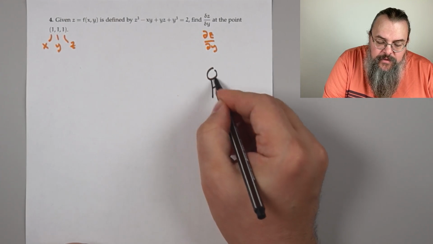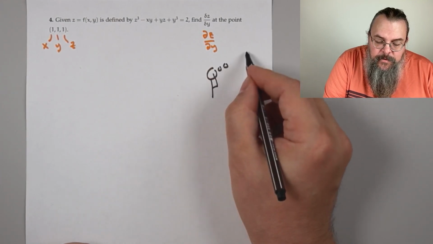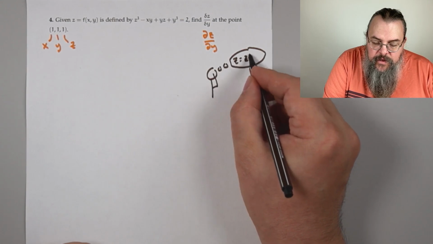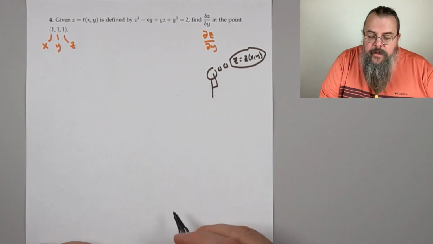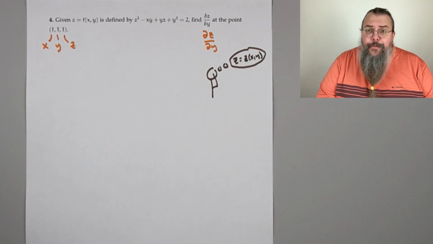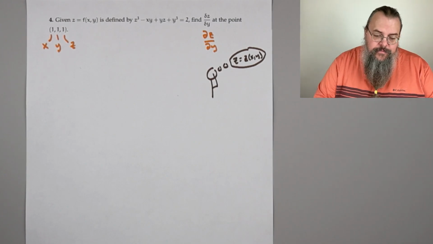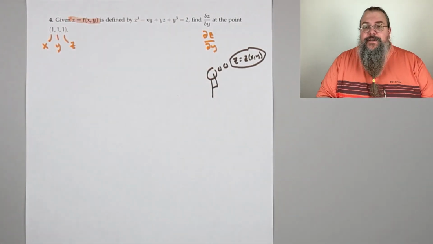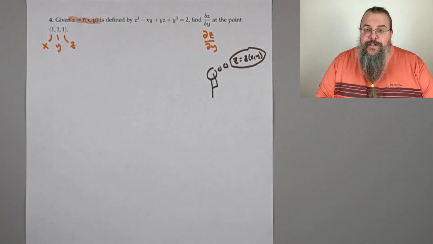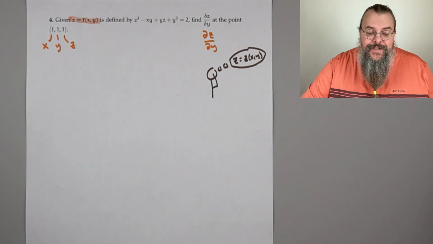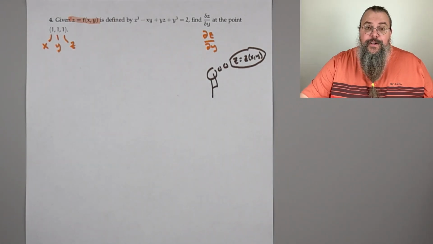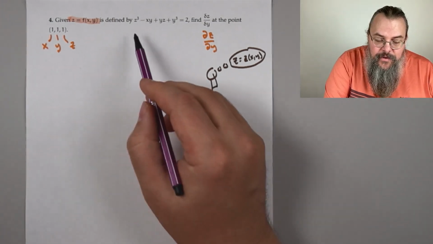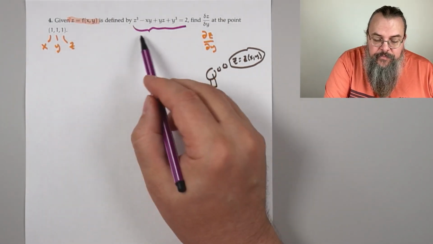So we look at this and say, well, we know that z is really a function of x and y. Now you might say, well, how did we know that? Well, it tells us right here. Z is a function of x and y. So an idea comes to us. Since z is a function of x and y, let's take the derivative with respect to y.